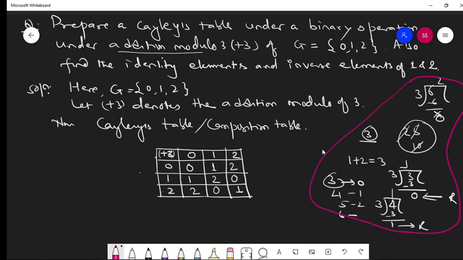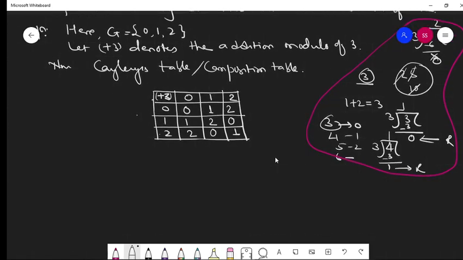And now we have to identify the identity element and the inverse elements of 1 and 2. Identity element means that after the operation we get the same number. If two numbers are added and we obtain the first number, the second one is the identity.